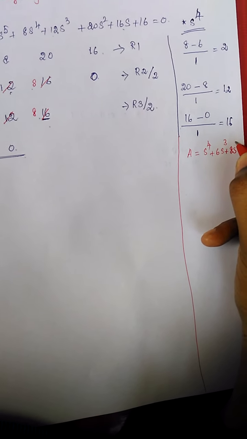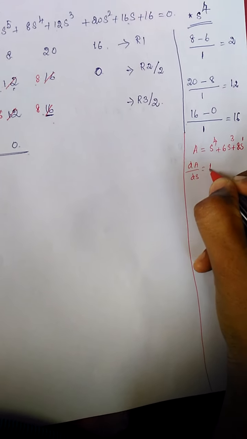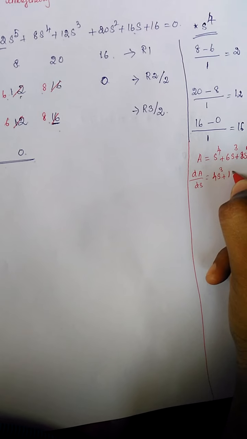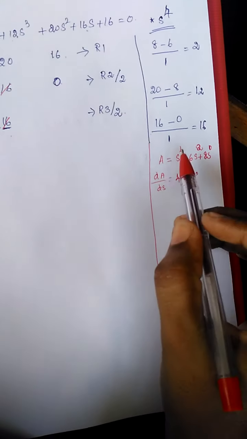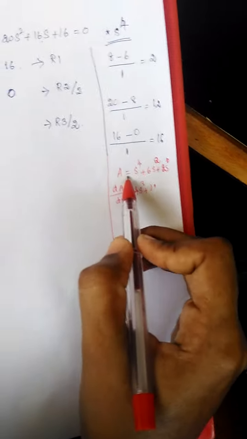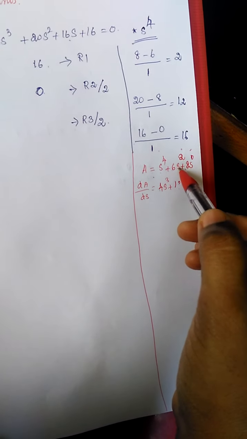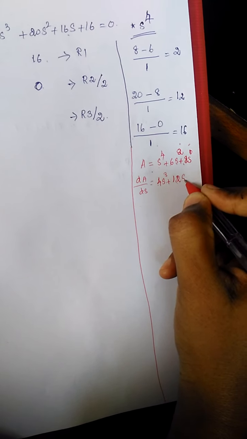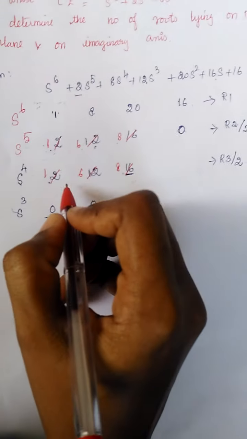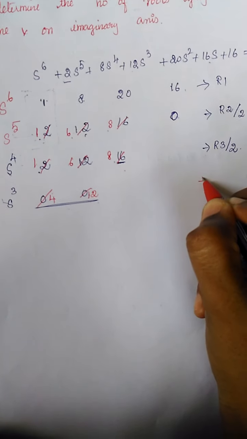Then you take the differentiation dA by ds, which is equal to 4 s cubed plus 12 s. Here the s power 4 row is the even power row, so your auxiliary equation has s power 4, s power 2, s power 0 only. Taking the differentiation, 6 s squared gives 12 s, and then 0. So 4 and 12 are the coefficients that you substitute in the s power 3 row. This is your fourth row.